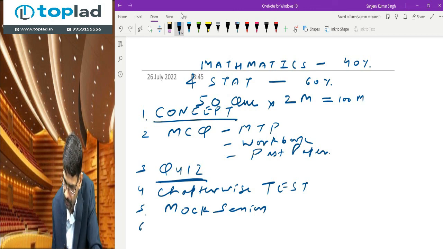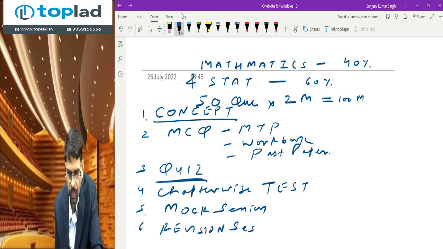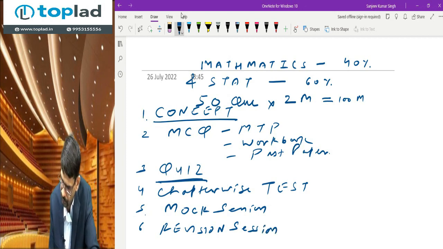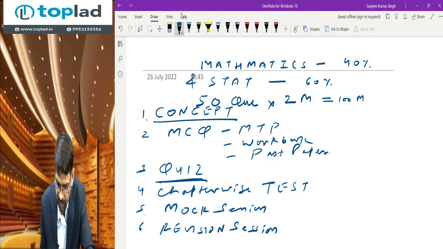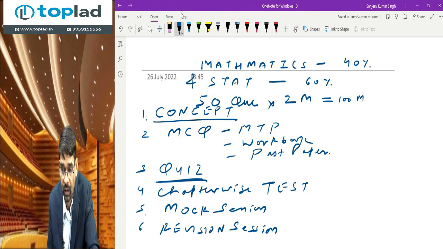And the last one, very important, is your revision session. So basically these are 6 points. During my class, we will discuss in that manner.